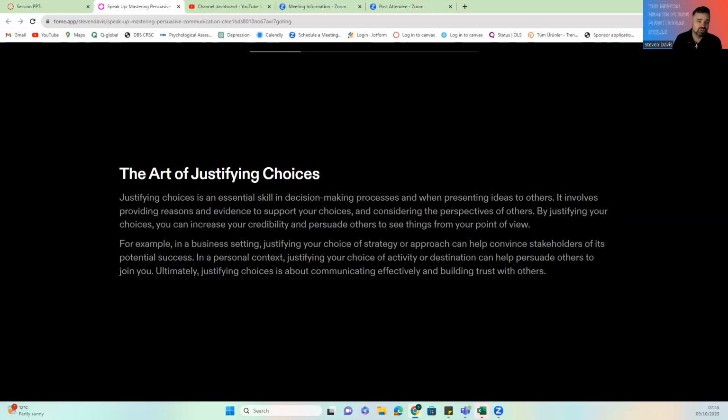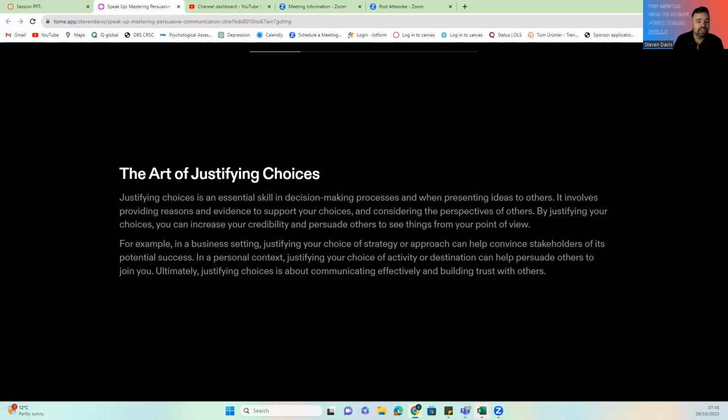The art of justifying choice. Justifying choice is an essential skill in decision-making processes and when presenting ideas to others. It involves providing reasons or evidence to support a choice and considering the perspective of others. By justifying your choice, you can increase your credibility and persuade others to see things from your point of view.